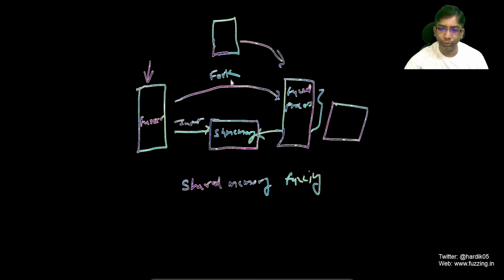So you don't need to call this fork system call every time you want to pass any input. You don't need to fork, and that will save considerable time because fork is costly. So instead of creating an entire clone of the process, you can simply call the function which is responsible for parsing some file, or maybe some API which you can call.